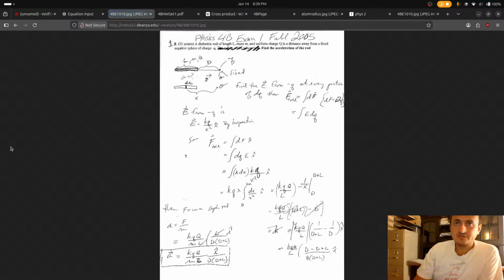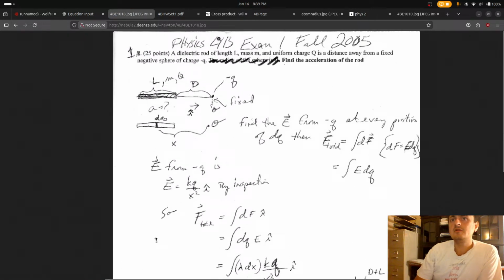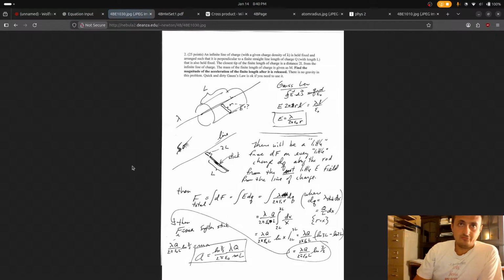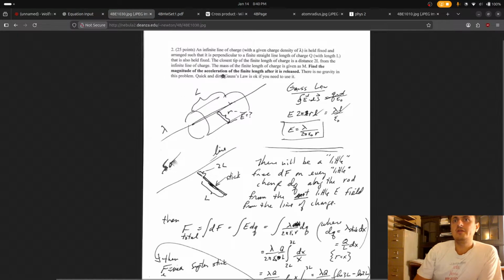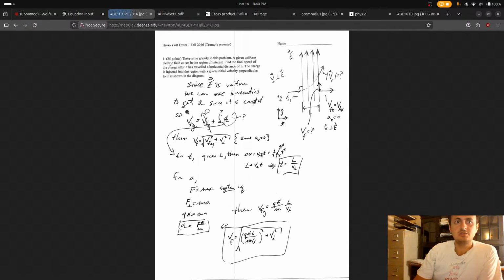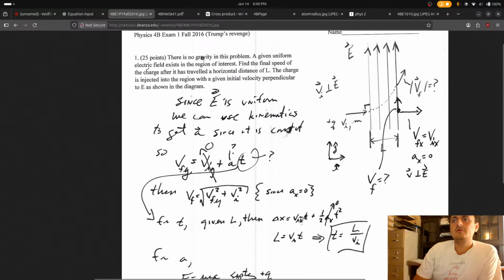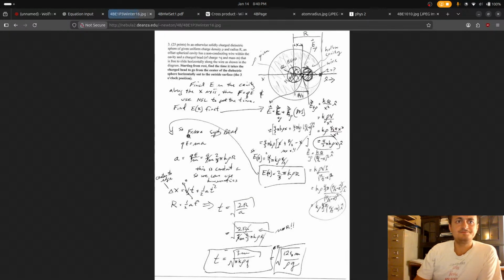Yeah, all of these have this charge density thing. Uniform infinite line of charge. No, yeah, electric field.